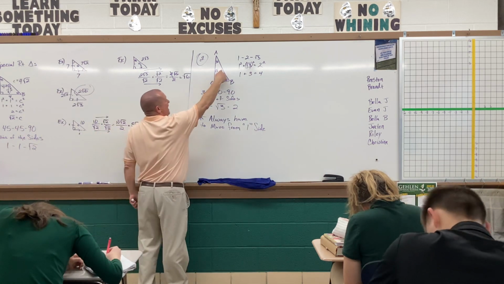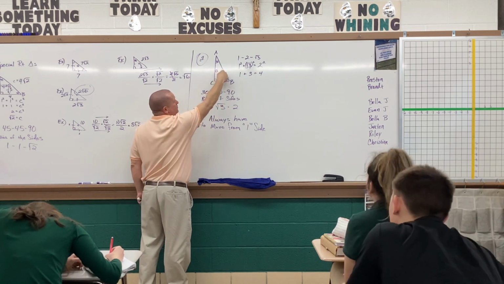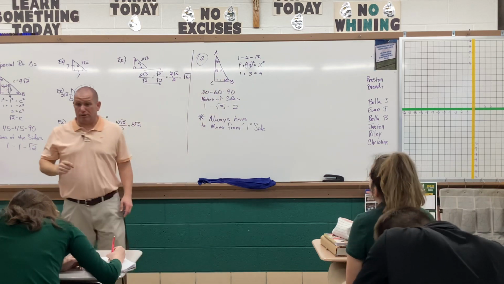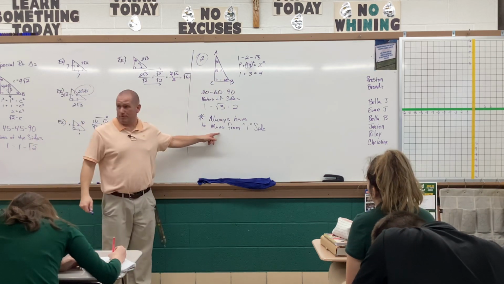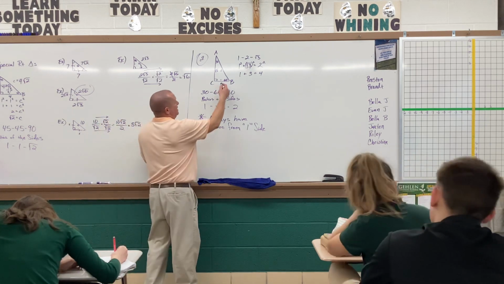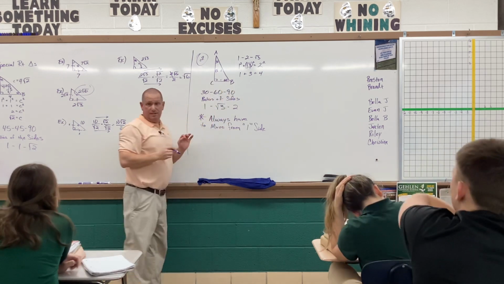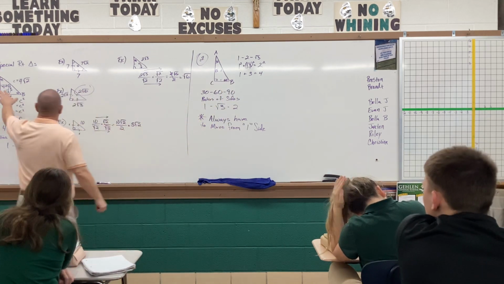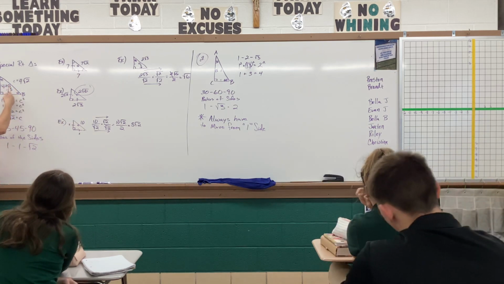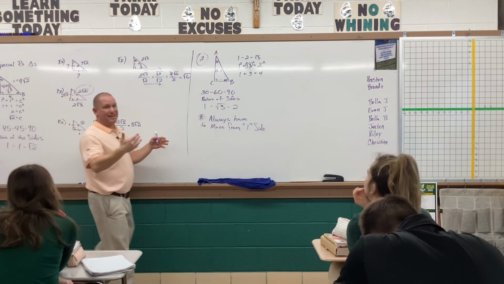If they gave me the hypotenuse, I have to go back to the one side. If they give me the hypotenuse, I cannot go straight across and go to the leg with the square root of 3. I always have to move from the one side. So the easiest way for me to do this is if they actually give me, in this particular example, BC. Okay? But the same rules are going to apply. So when we say we are going towards and away, we're going towards and away from whatever they give us.